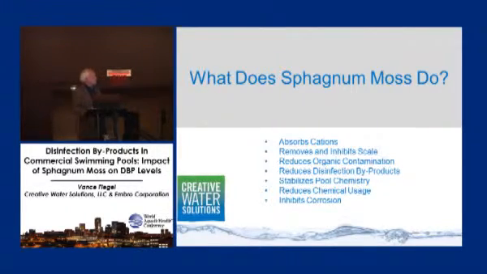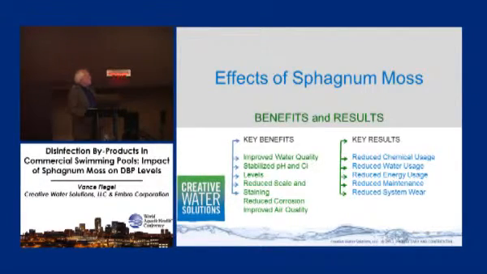It makes it possible to reduce the use of some chemicals in totality; we don't need clarifiers. It reduces the amount of pH adjustment chemicals that are used because the pH is much more stable. And in many pools, it reduces the chlorine demand so much that you use about half the amount of chlorine that you typically use without sphagnum moss present.